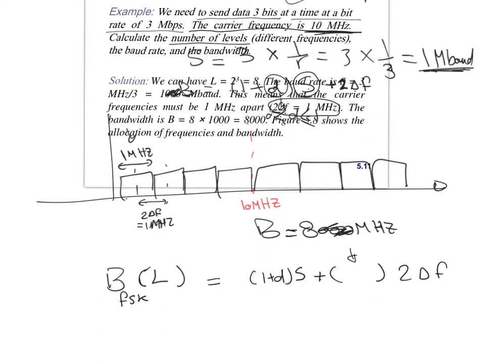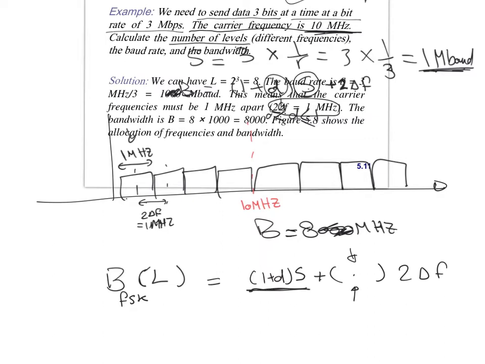What is the number here? What is that scale? L. So if it's L, this means that for this particular example, L is 8, and we have 1 plus d times S here.